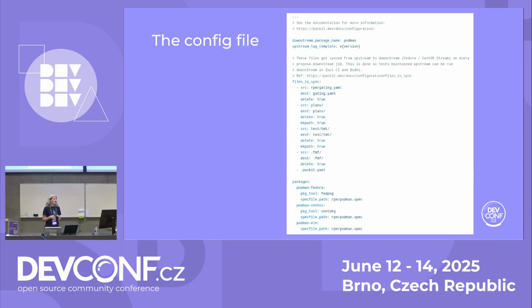So what we wanted to do before releasing Packit 1.0 was to get rid of some old keys that we had in our config file, and we already knew that would cause some of our users to have their continuous integration broken.